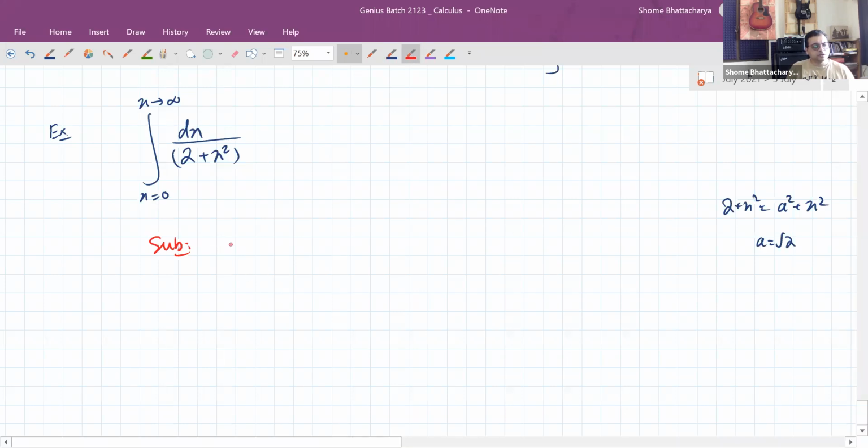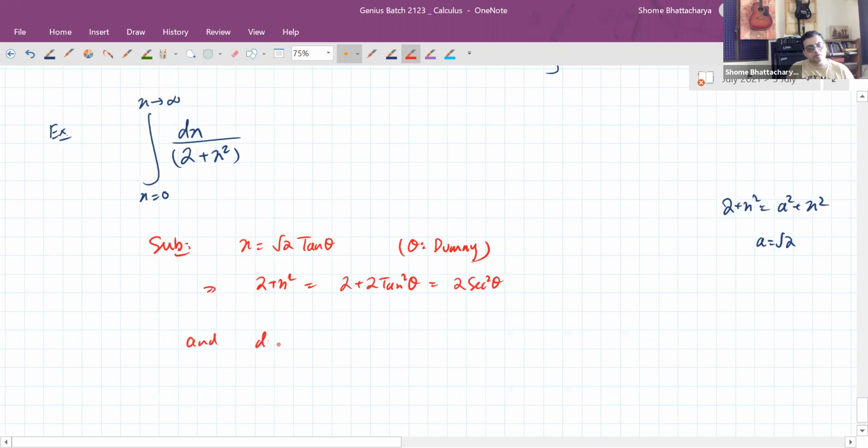So that's why we should substitute x as root 2 times some tan theta. So theta is our dummy variable. So therefore, 2 plus x square just becomes 2 sec square theta, and the numerator becomes root 2 sec square theta d theta.